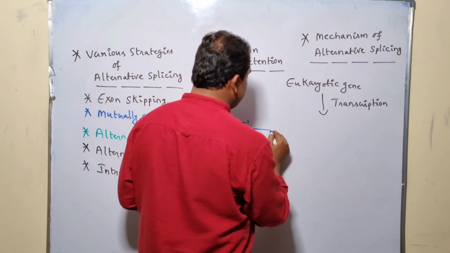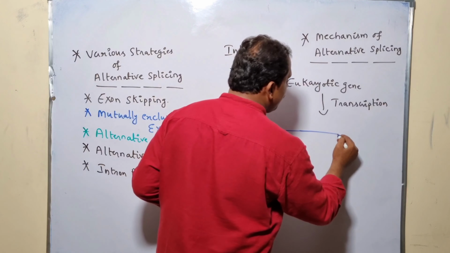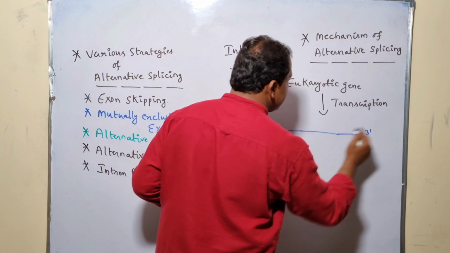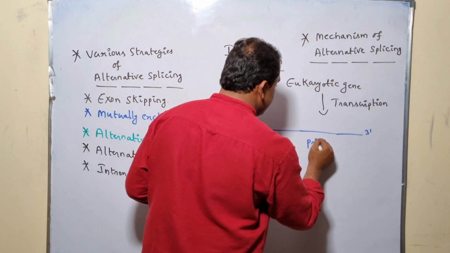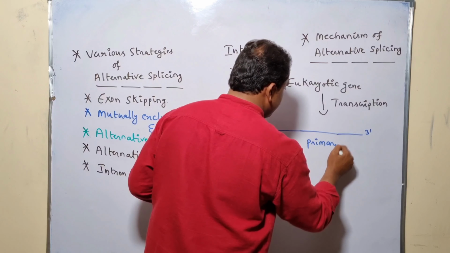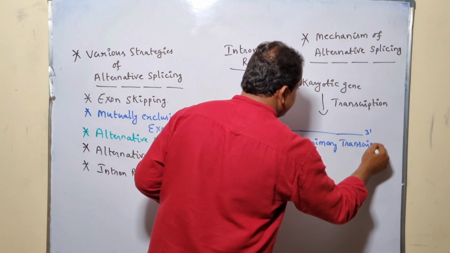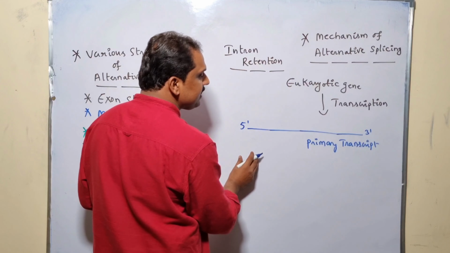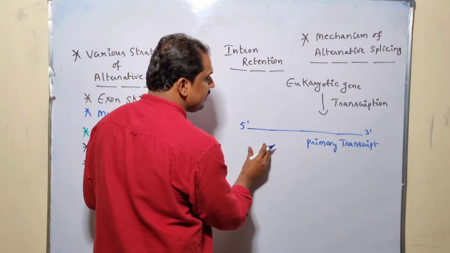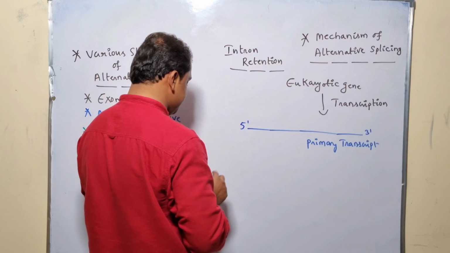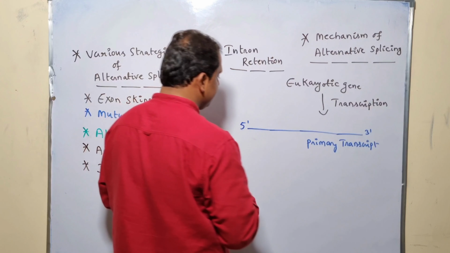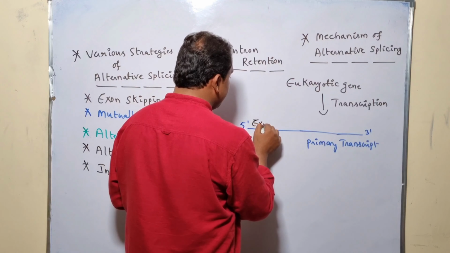So here the primary transcript consists of both the coding and the non-coding sequences. Primary transcript. So here, during the splicing mechanism, what exactly happens is the non-coding sequences are the introns. So here it is nothing but what?